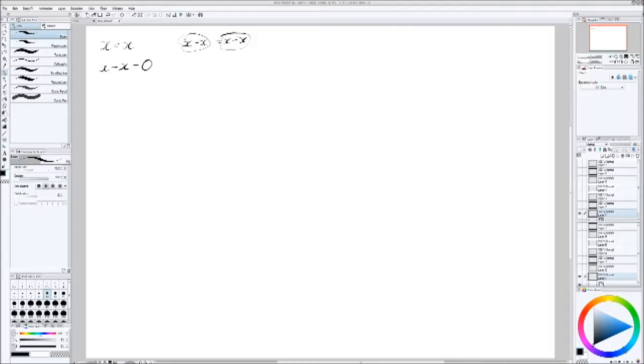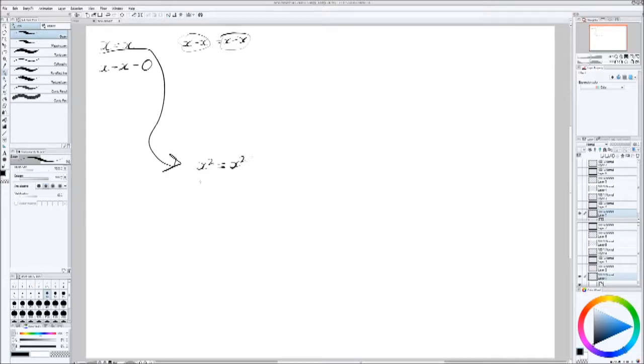What we can then also do is, skipping from here to here, we can make this look like anything. So I can square both sides, and then x squared equals x squared.